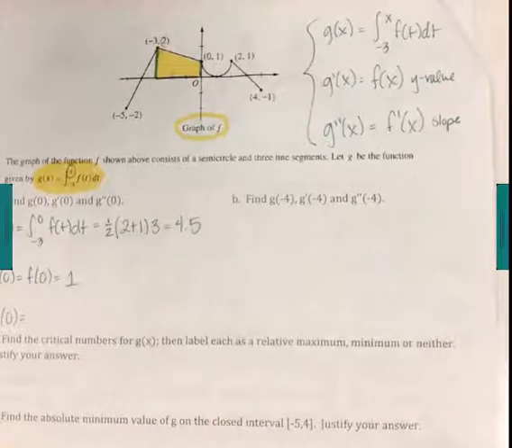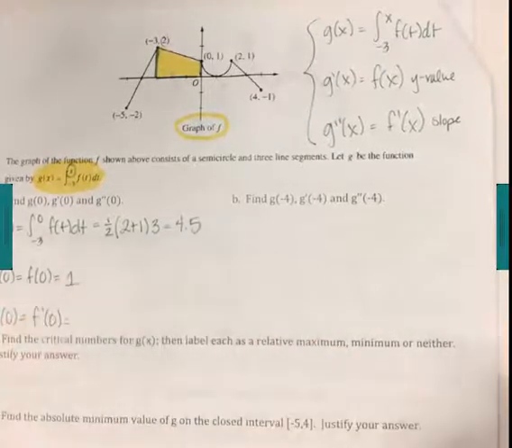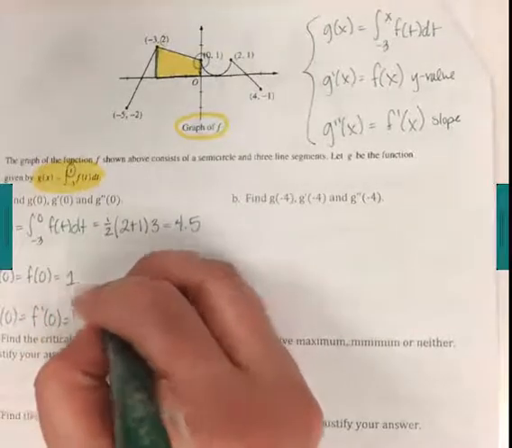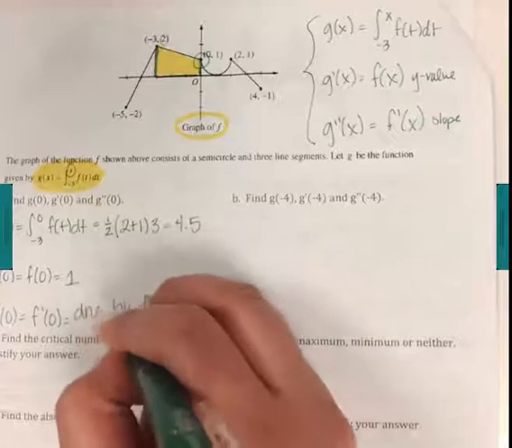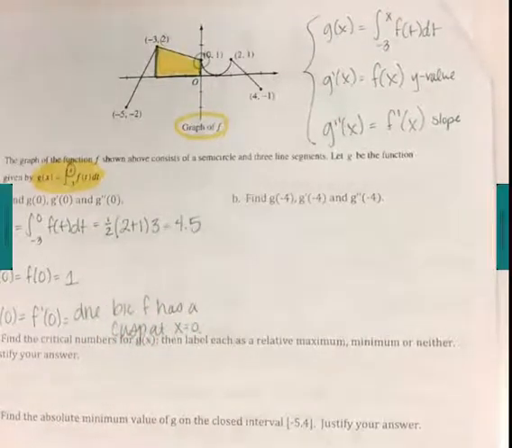Good job. What about G double prime of 0? That'd be f prime of 0, which is DNE, because f has a cusp at x equals 0. You cannot take the slope at a cusp or a corner.